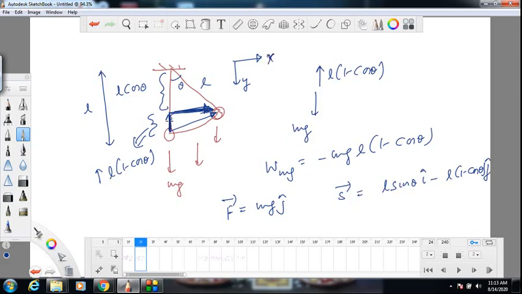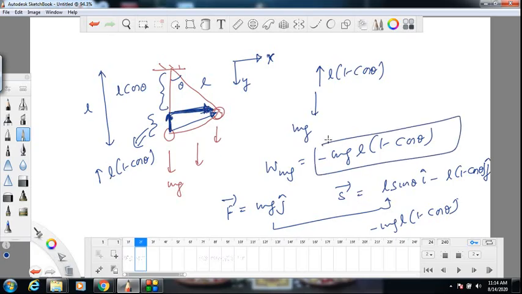The other displacement is L into (1 minus cos theta), but it is opposite to the y-axis, so multiply with minus j. If you do F dot s, the first term's dot product will be 0, j dot i is 0. The second term will give you minus mgL into (1 minus cos theta), since j dot j is 1. That's what I wrote above. So work done by mg is F dot s because it's a constant force.